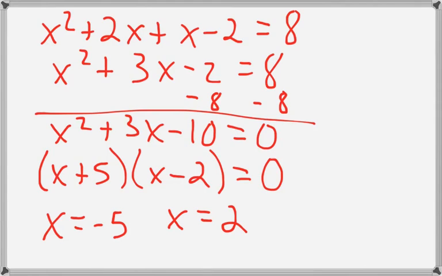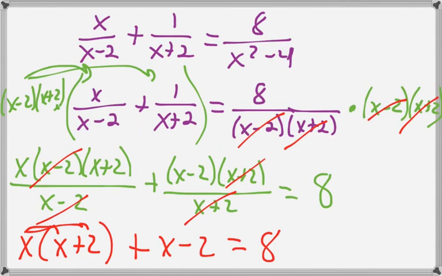However, we didn't start out with a quadratic. Anytime you end up with a different type of equation than what you started with, it's a good idea to check the solutions because some of them might not be solutions to the original. So these are the solutions to the quadratic, but are they both solutions to our rational equation? So if we come back to our original equation here, we see that if we put 2 in for x, we get a denominator of 0.